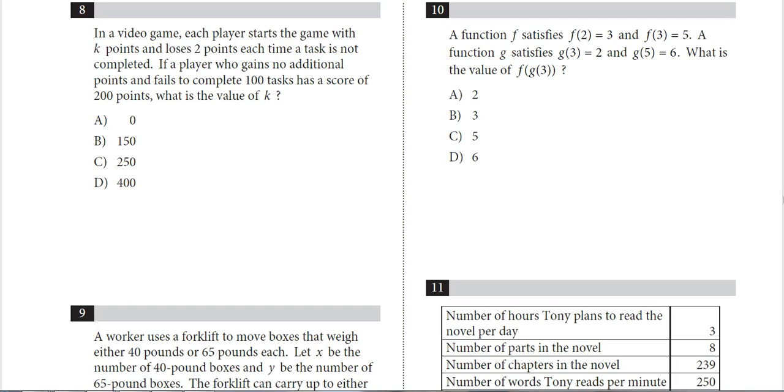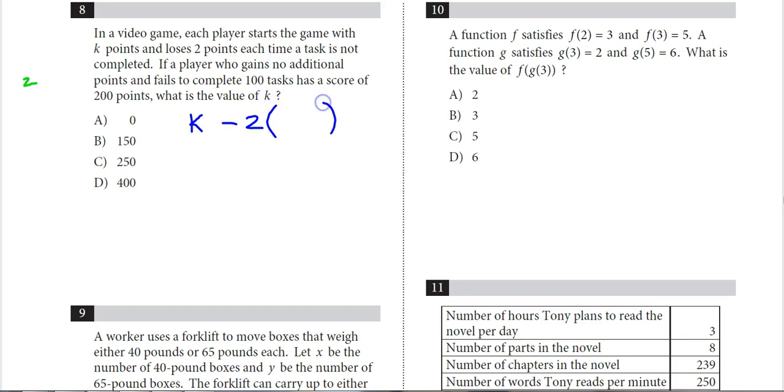All right, so let's take a look at this. I'm sure there's a couple different ways that we can do it. I'm starting the game off with K, so I'm going to write a K there. And then I lose, so I take away 2 points every time I do not complete a task.